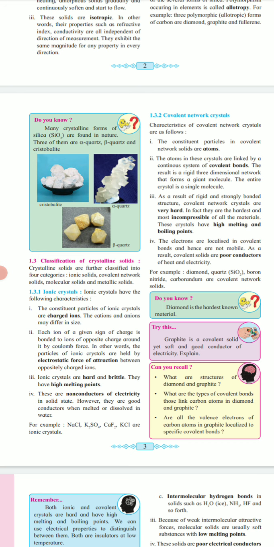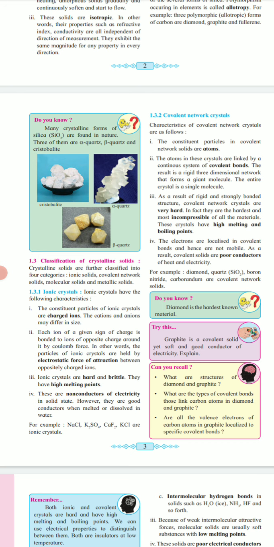The cation and anion may differ in size. Each ion of a given sign of charge is bonded to ions of opposite charge around it by Coulomb's force. In other words, the particles of ionic crystals are held by electrostatic force of attraction between oppositely charged ions.